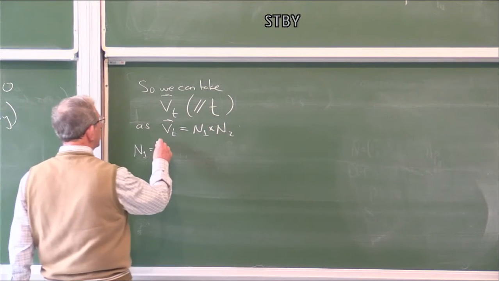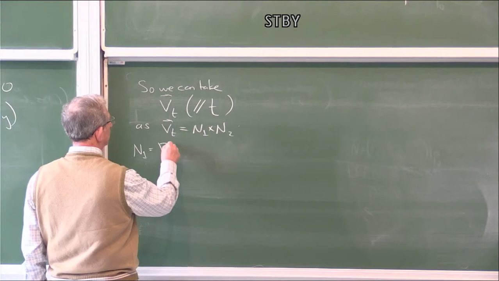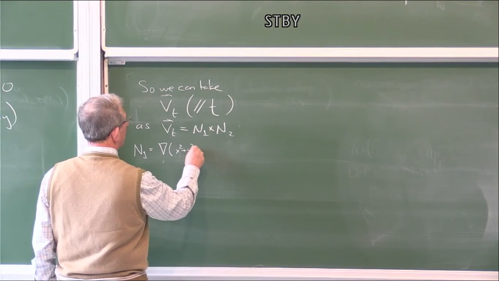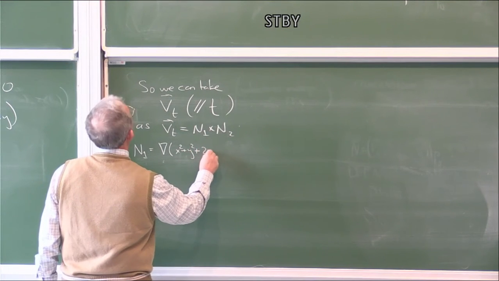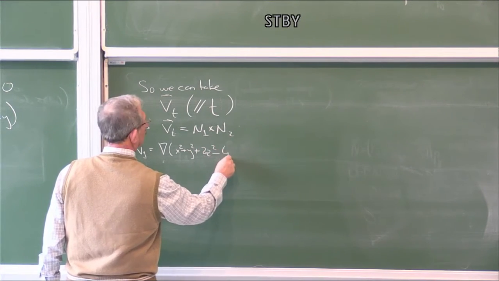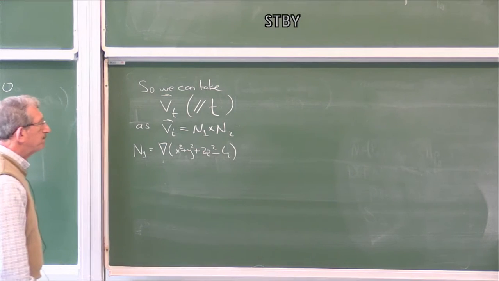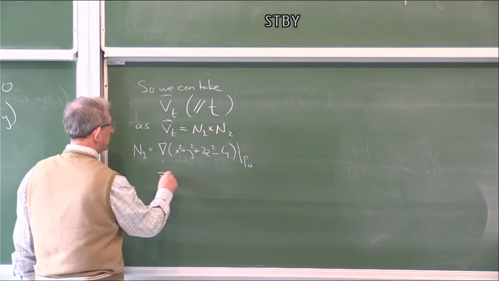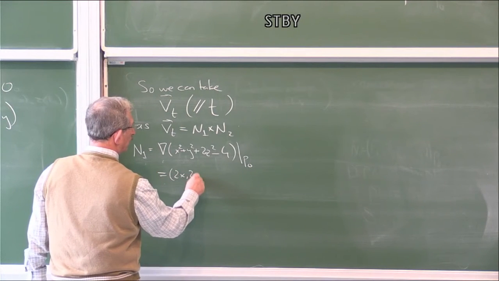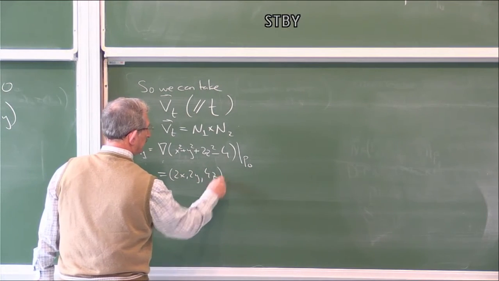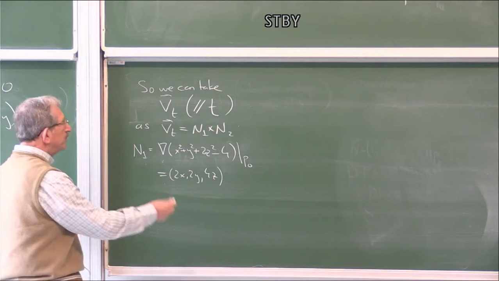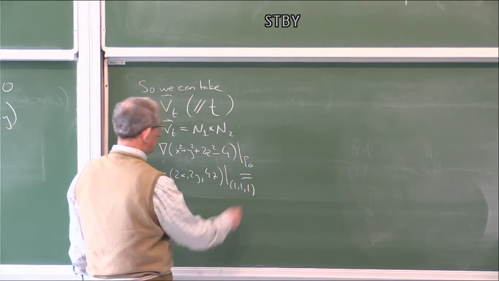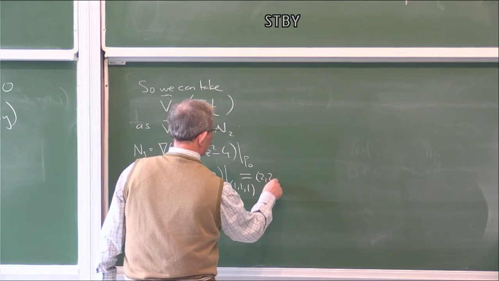So we can take it to be the gradient of the function x squared plus y squared plus 2z squared minus 4, at P0, of course. So it is 2x, 2y, and 4z at P0, which is the point 1, 1, 1. So it's the vector 2, 2, 4.